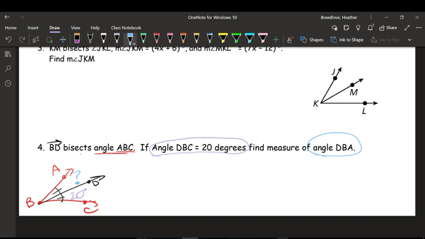So what is it? 20 degrees, right? Because it's bisected. If you didn't pick up on the word bisect, then you wouldn't catch that. But it has to be 20 because they're the same. So angle DBA equals 20 degrees. Okay, and that's where I'm going to stop.